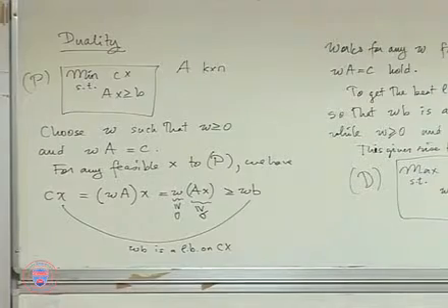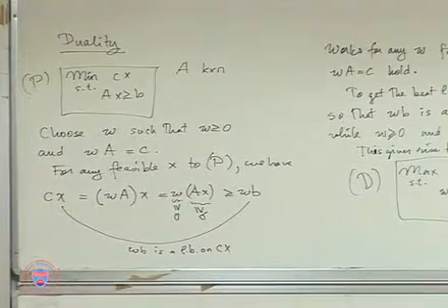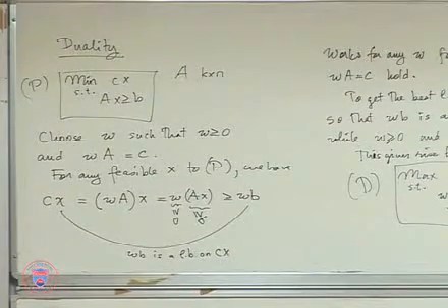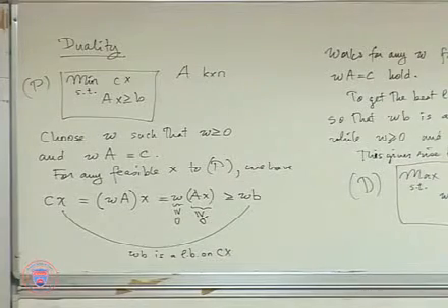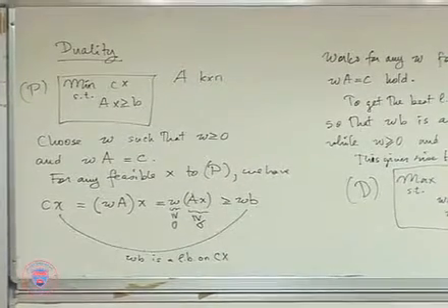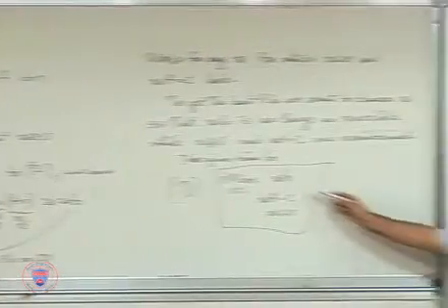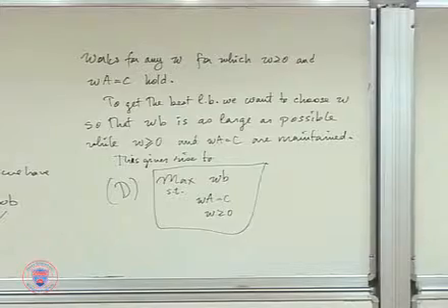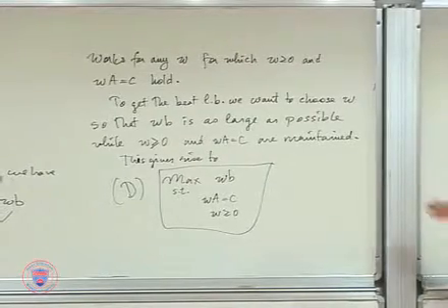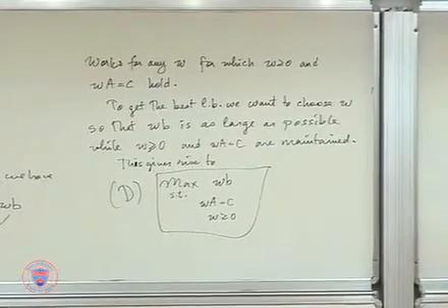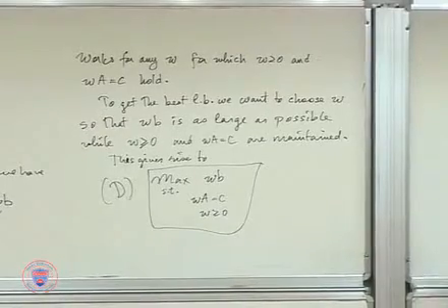Otherwise, we could not get that. And once you get the lower bound, the fact that it is a valid lower bound for any such W, you want to push it up. And that's why you are maximizing it. All right, so that's the dual of the initial form I gave you there.